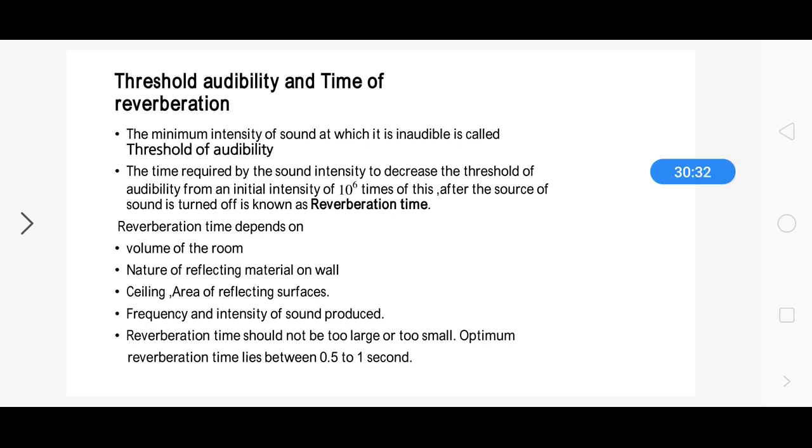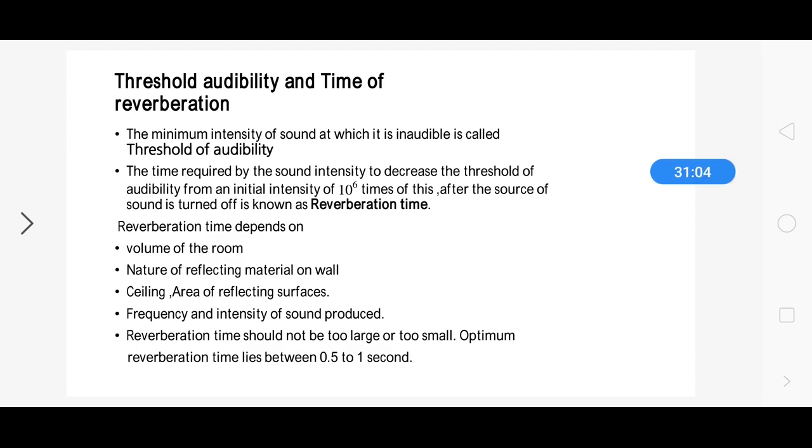Here the initial intensity will be considered as 10 power 6 times of threshold audibility. From that intensity, the intensity gradually decreases due to multiple reflections and finally reaches threshold audibility. From where it is 10 power 6 times of threshold audibility to reach the threshold audibility, what is the time required?